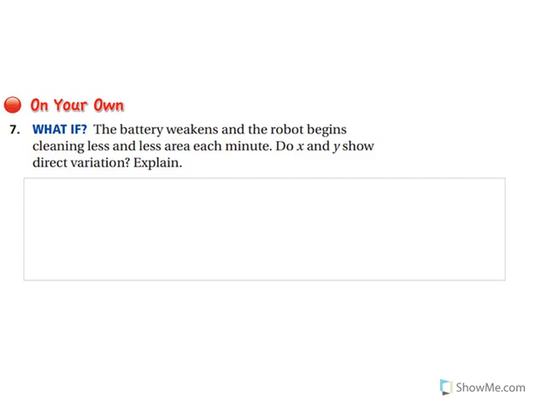Over here, our final problem, well, actually I'm going to have a bonus problem, which you're going to need for your assignment. So our final problem before the bonus problem is saying, what if the battery weakens and the robot begins cleaning less and less area each minute? Do x and y show direct variation?